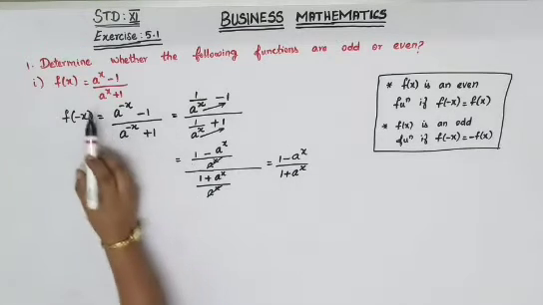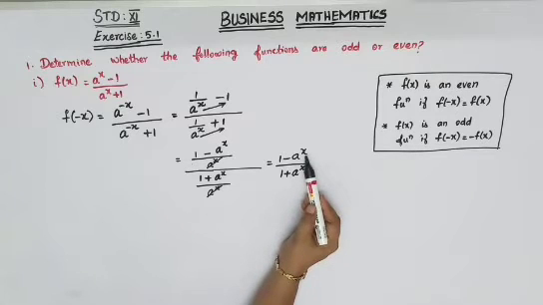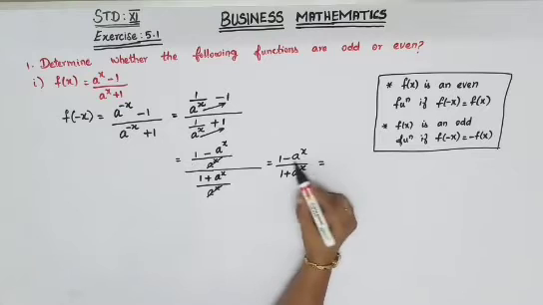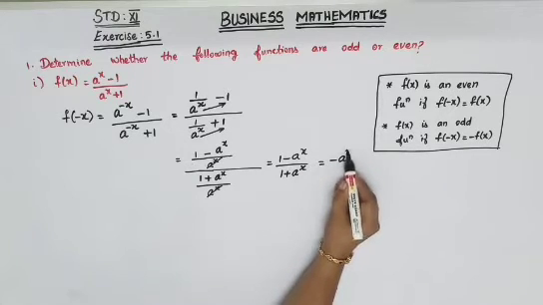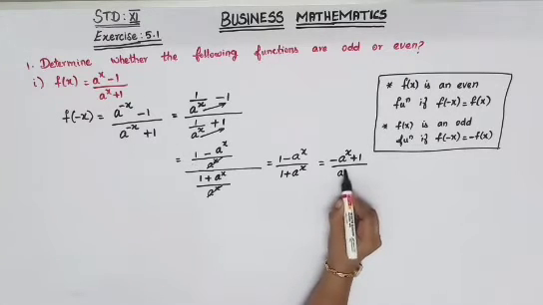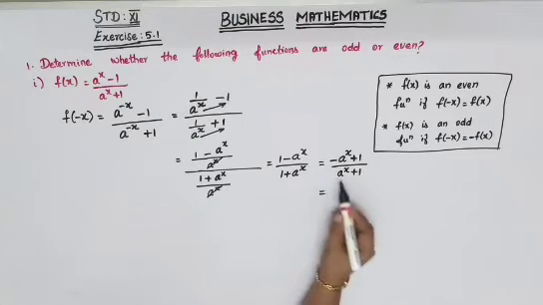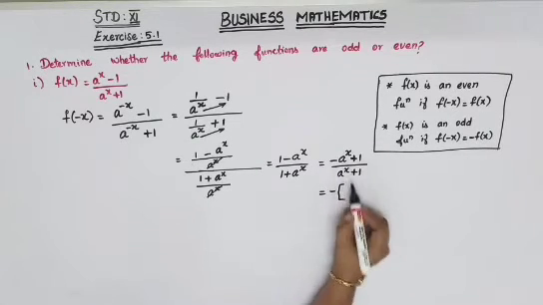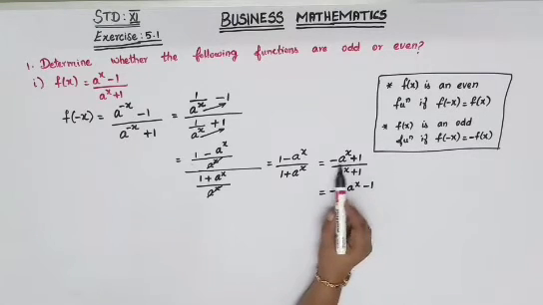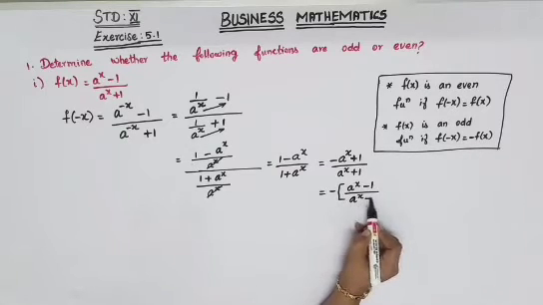Now just see the question over there. Here a^x is in the first term, here it is in the second term. So try to bring a^x to the first term. Rewrite it as minus a^x plus 1, divided by a^x plus 1. Now remove the minus outside, so you will get minus of (a^x - 1), changing the symbols in the numerator, divided by the denominator as it is, a^x plus 1.